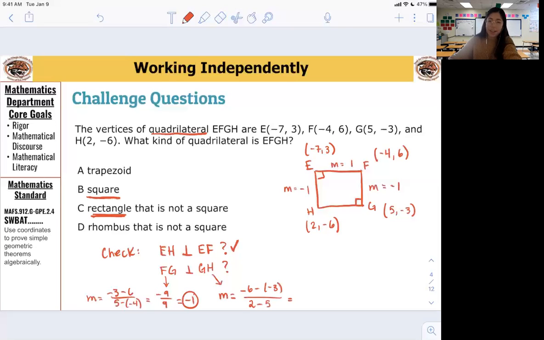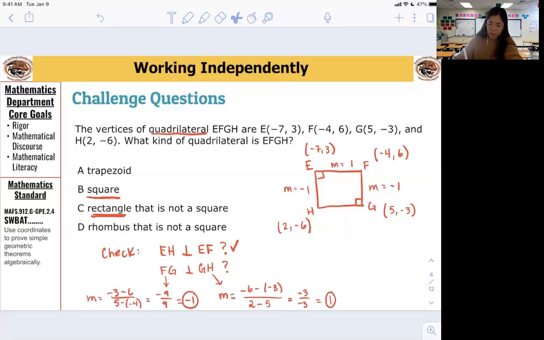Negative 6 plus 3 is negative 3, over negative 3. Which is positive 1. So here we got all our answers.